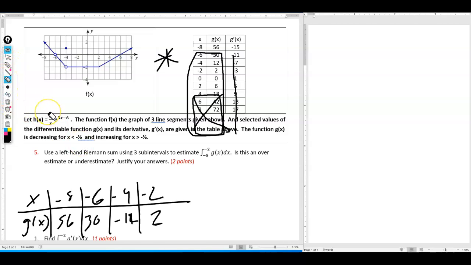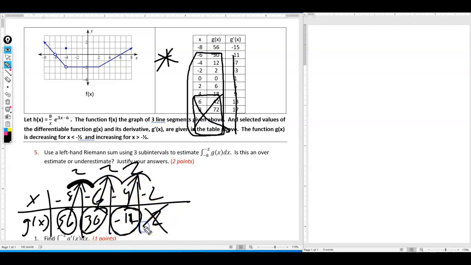Okay, so the first thing we do is find the base of each rectangle. It goes up by 2's for me. We have 3 2's. Those are my bases. And since we're doing a left-hand Riemann sum, we start on the left. That's my first height. Here's my second height. Here's my third height. We don't use the last one.